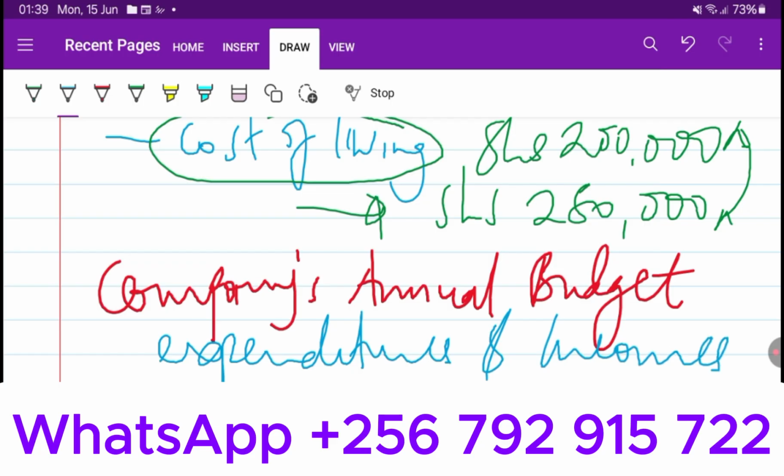You look at the different income levels and estimate how much you are going to collect in terms of revenue and how much you are going to spend.